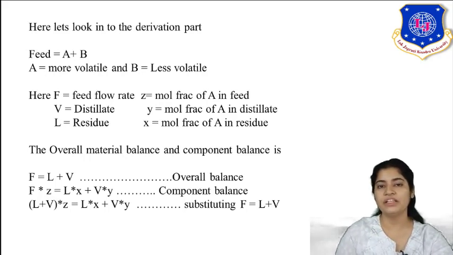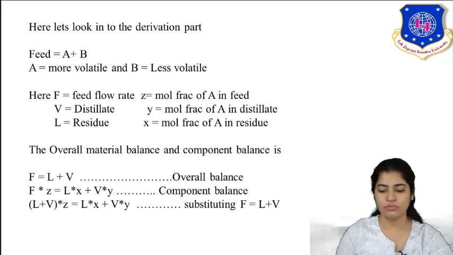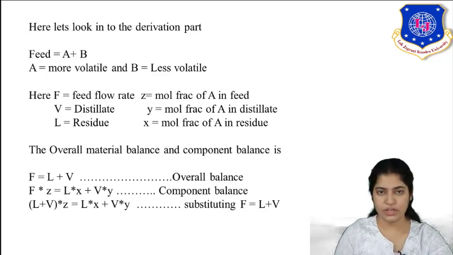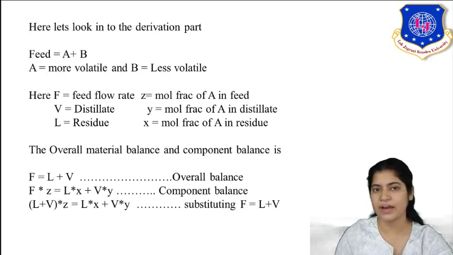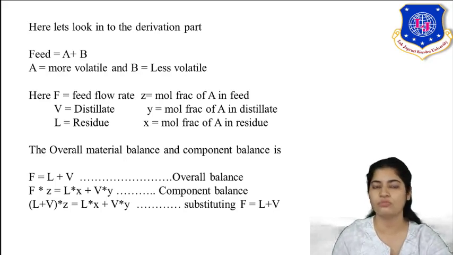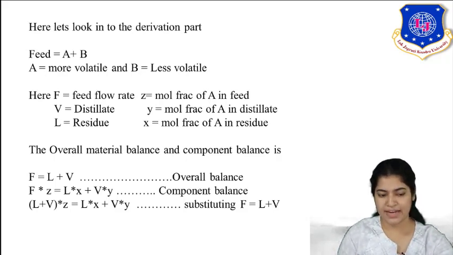It might be in kg per hour, right? So amount of A present in feed is the flow rate, molar or kilogram weight flow rate. In exam it might be specified that it is kilomole per hour or kg per hour or just simply kilomoles, right?